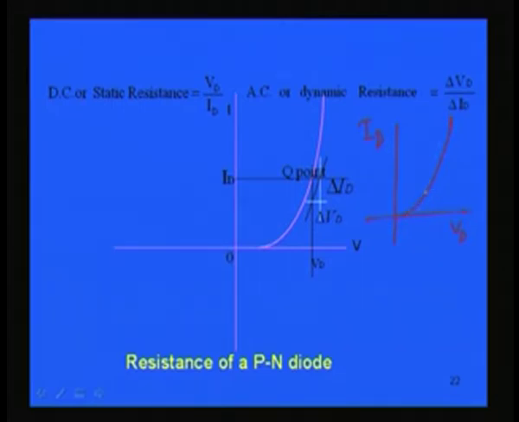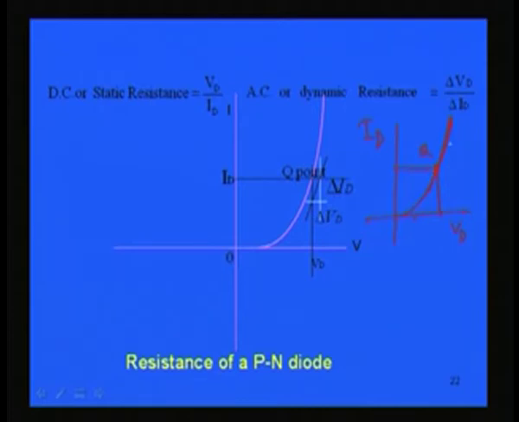Only in the higher portion of the current region can we assume it to be almost linear, but practically it is not linear. If we want to find the resistance at the point where the diode is being operated, at the voltage which is being applied, suppose this voltage, and at that voltage this is the current. So, Q is the point where we are operating the diode, and the resistance known as DC resistance or static resistance is VD by ID, that is, this voltage by this current.